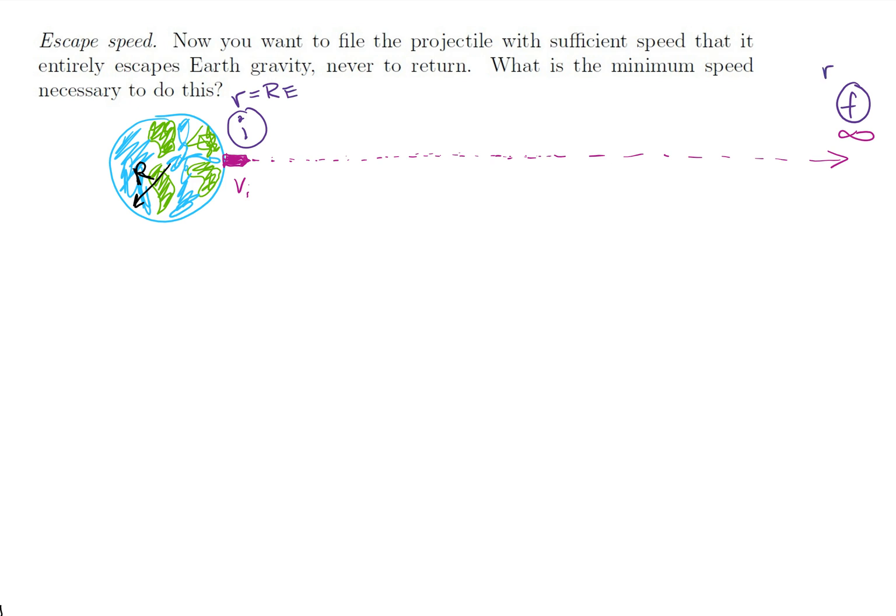And in our final situation, r is infinity. We should remember that our gravitational potential energy for this projectile is negative big G, mass of the Earth, mass of the projectile, over the distance from the center of the Earth.